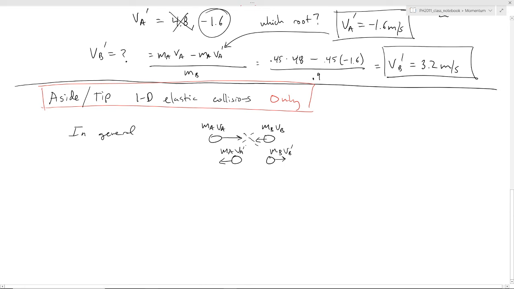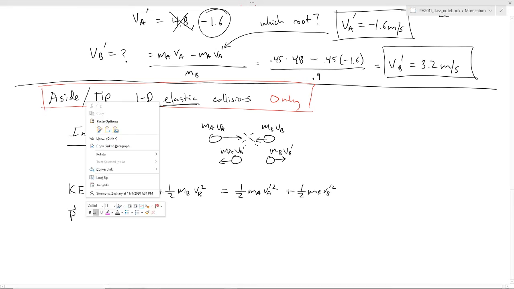So in general, for an elastic 1D collision, the kinetic energy expression would be 1/2 MA VA squared plus 1/2 MB VB squared equals 1/2 MA VA prime squared plus 1/2 MB VB prime squared.